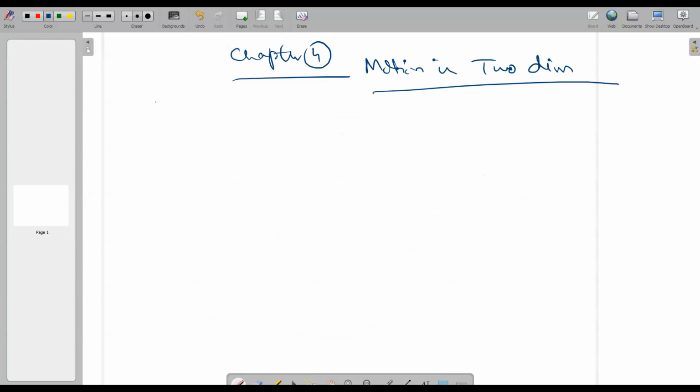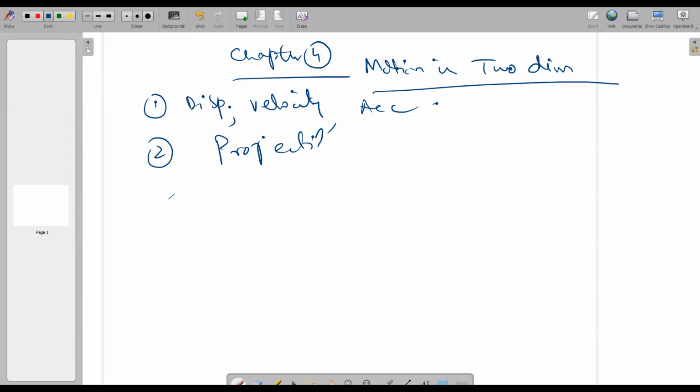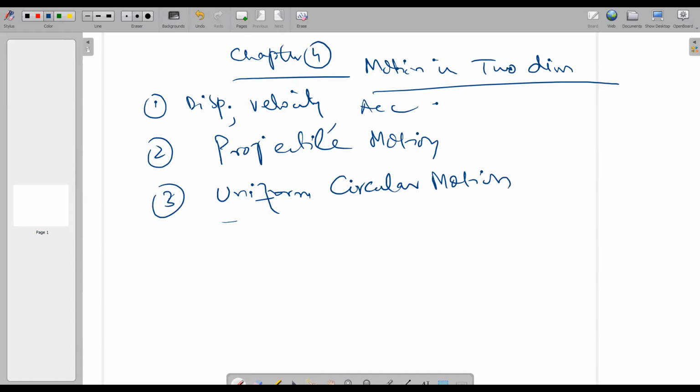In this chapter, we studied displacement in 2 dimensions, velocity in 2 dimensions, acceleration in 2 dimensions, and then constant acceleration equations in 2 dimensions. Then we studied projectile motion, which is the most important article. And the third is uniform circular motion. So we want to study this one.